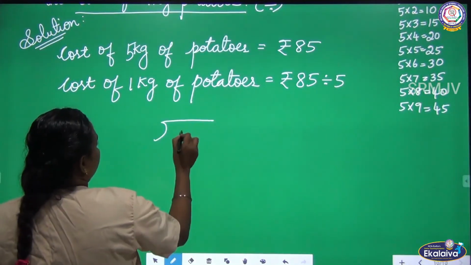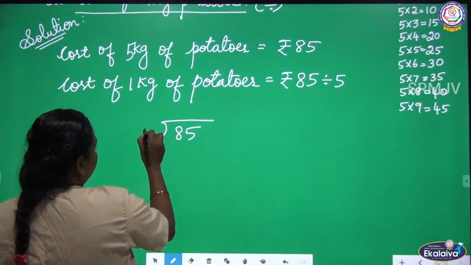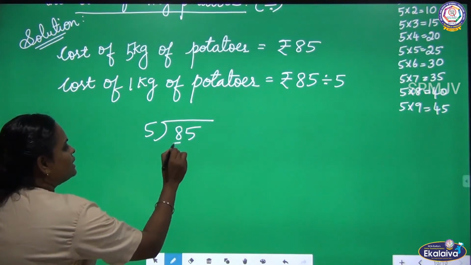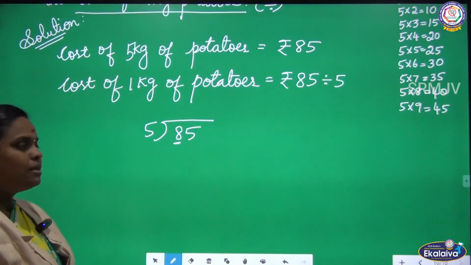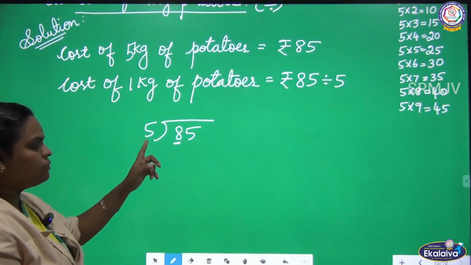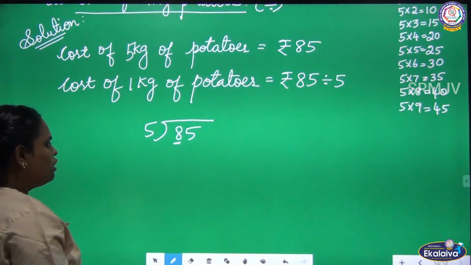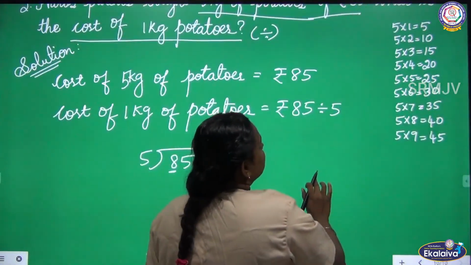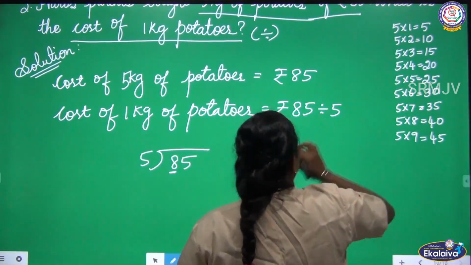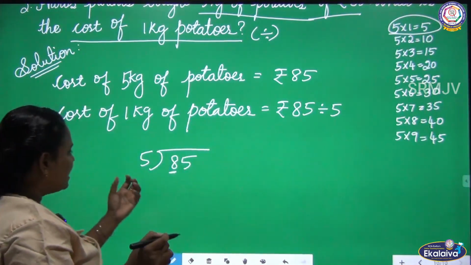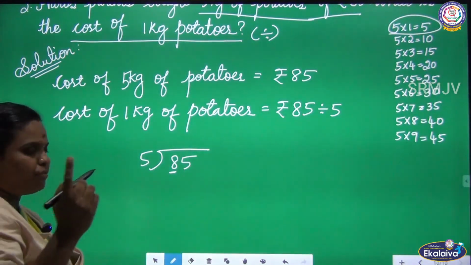So 85 we are going to divide by 5. We'll check the first digit. Listen children, 8 is greater than 5, that is greater than the divisor, so we'll take 8 alone. How many 5s are there in 8? Only one 5.